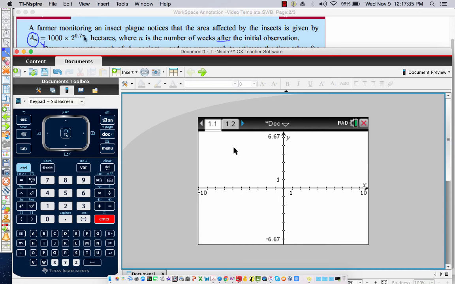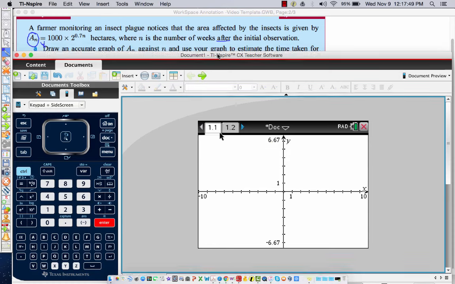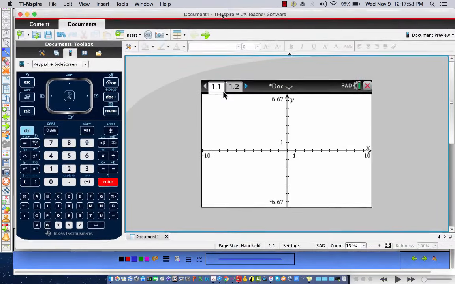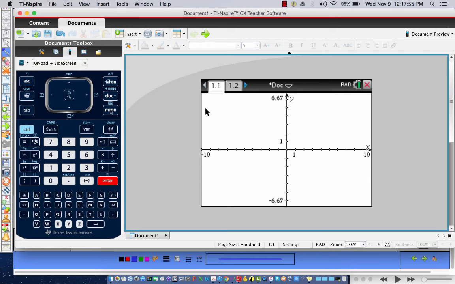When n equals 0, 2 to the 0 is 1, and 1,000 times 1 is 1,000. So the vertical axis starts at 1,000, and we figured out it was about 3 weeks, so with that knowledge we can set our window accordingly.